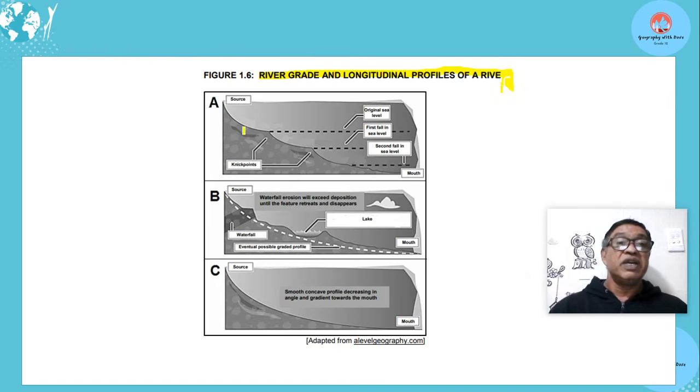So we know river grade, that means the river is undergoing grading to remove all the obstructions. Can you see it? It wants to reach that point and it eventually will reach that point. Okay, and then the erosion and deposition must be in equilibrium. Okay, we can see the different surfaces, we can see the nick points that created the obstruction, the waterfalls, the lake.